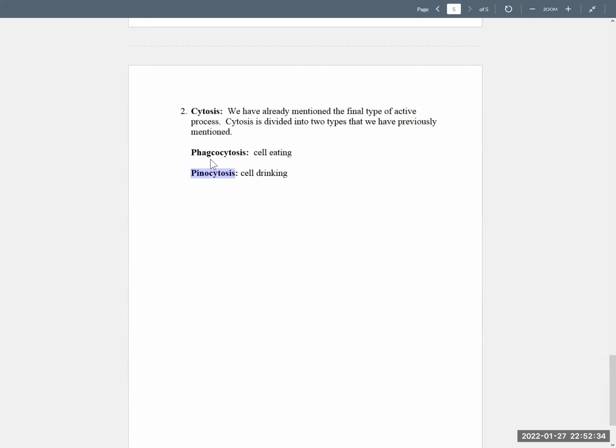So that is cytosis, broken into two parts, phagocytosis and pinocytosis. The phagocytosis forms a food vacuole, and the pinocytosis forms a pinocytic vesicle, just to remind you.